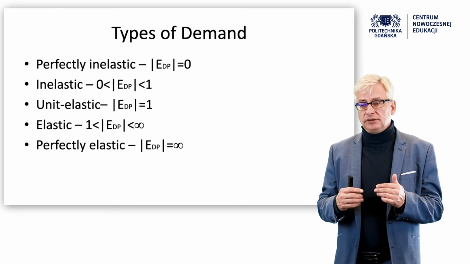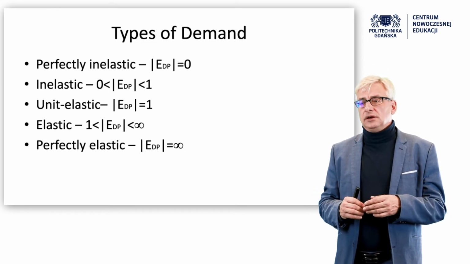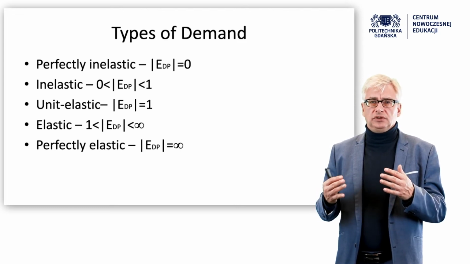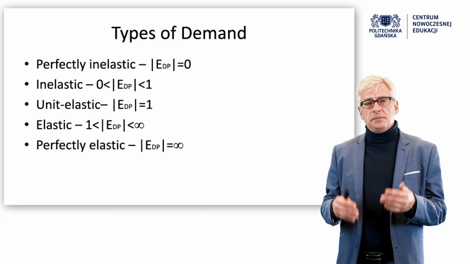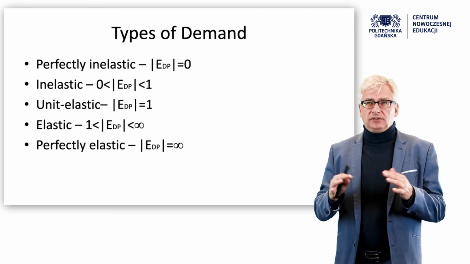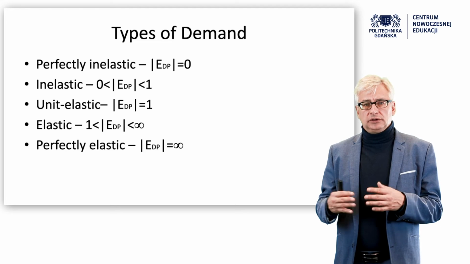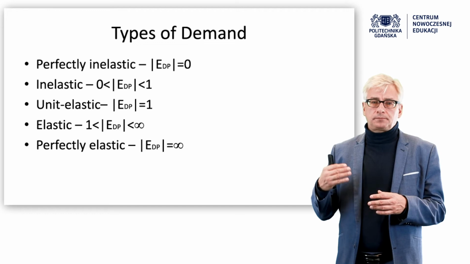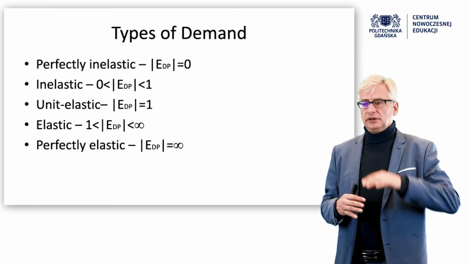On the other hand, we have perfectly elastic demand, where we could draw this demand as a horizontal line. This is the kind of demand that we can see in a perfect competition market. Then for a single business under the perfect competition market, this market demand is really perfectly elastic.